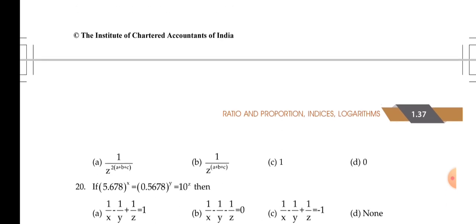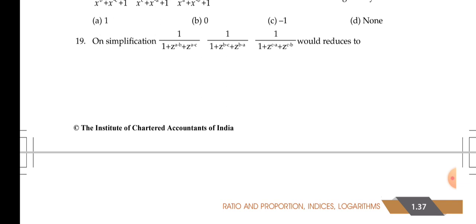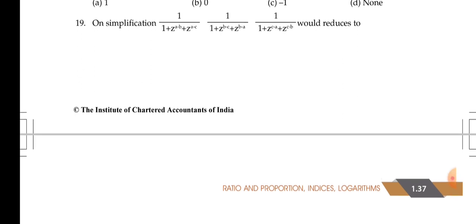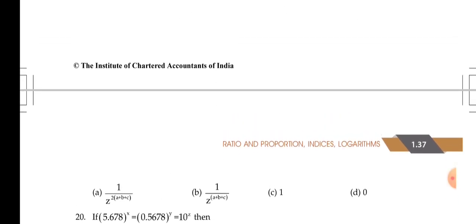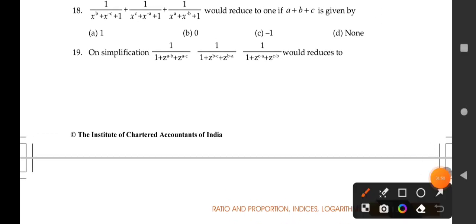So what do we have in the question? Once you read the question, just take a look at the options, okay, before you start solving. We have already solved this previously. Let me just expand it for you. The first term I'm going to expand.